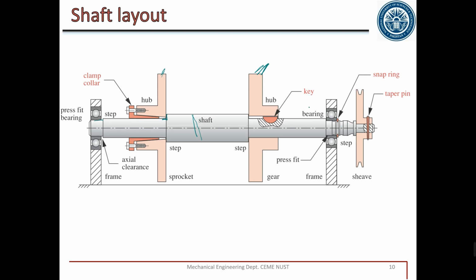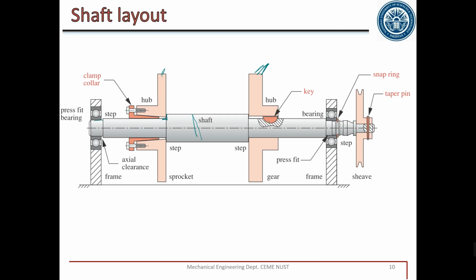There are a number of ways to attach each component. For example, on this component we have placed a collar clamp. A collar clamp is a taper clamp. We put it here, and after that we tighten it with a couple of screws, so it holds this hub with the shaft.